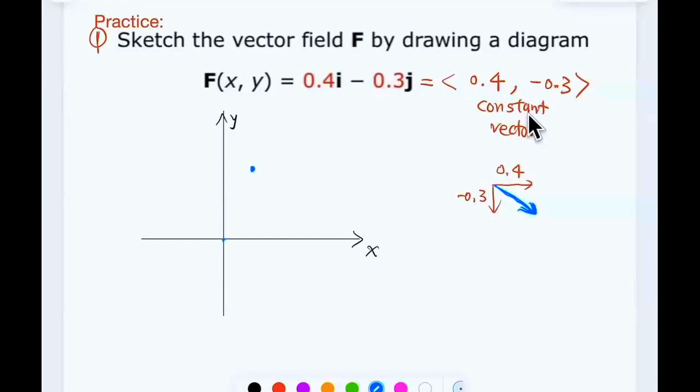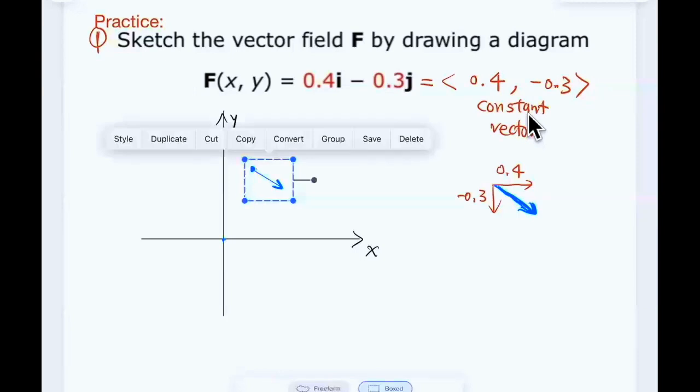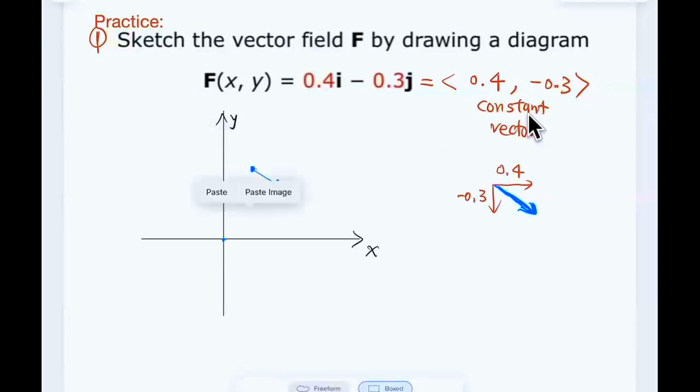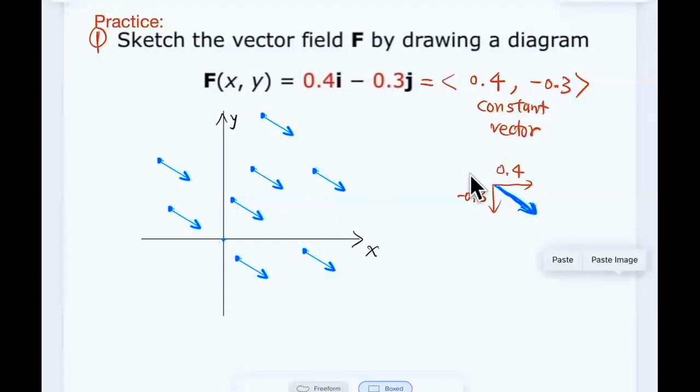I'm going to copy this and paste it. For every point on the domain, the output will be the same. It's a constant vector. So this one here is very simple. It's a constant vector, right?